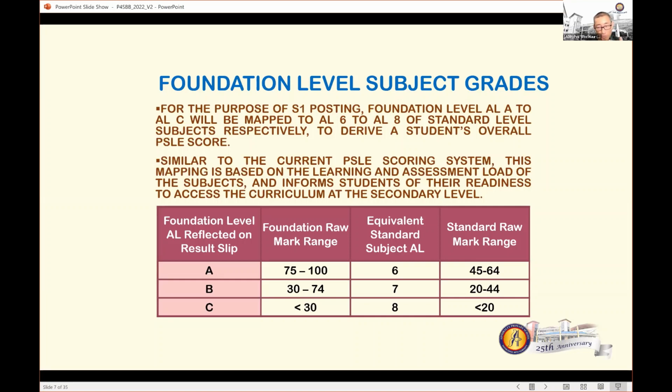This is something that we are sharing with the parents, so that if your child is in that kind of situation, you know there's this kind of decision making that you will need to think through. But again, for our school, we are very generous, and most of the time we will just ask the student at P5 to try the standard subject. If there's any doubt, we will always say try the standard subject first.